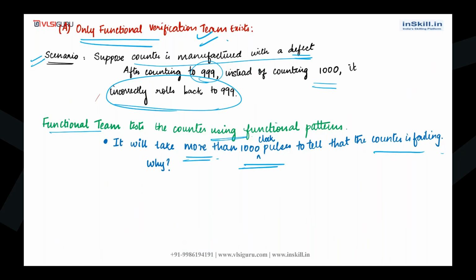And why is it like that? Any guesses? Why will it take more than 1000 clock pulses to tell that the counter is failing?